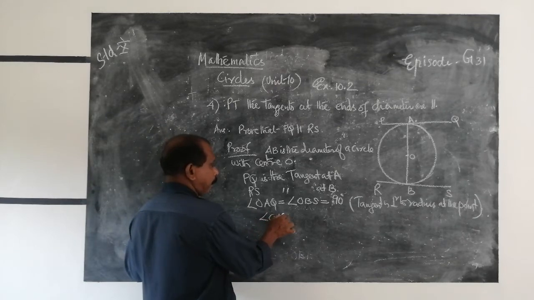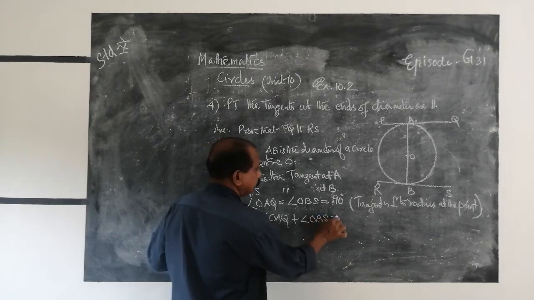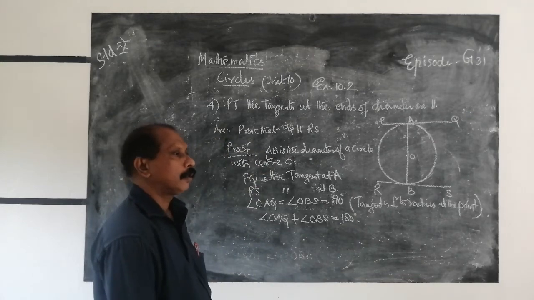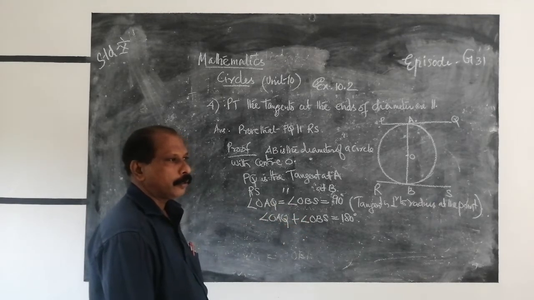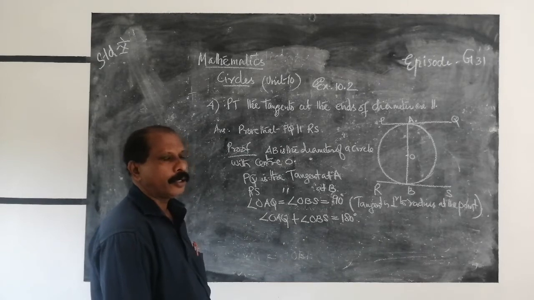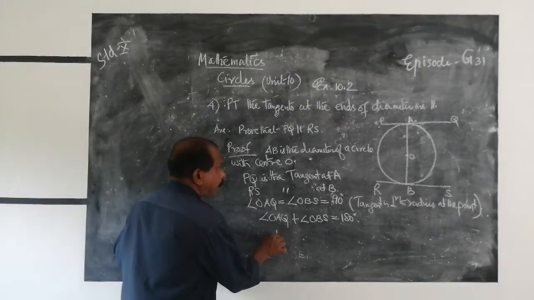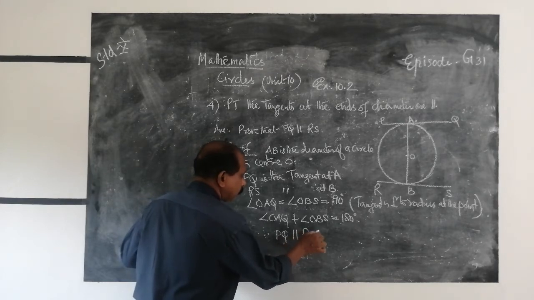Angle OAQ plus angle OBS is equal to 180 degrees. The sum of the angles between the lines is 180 degrees, so they are parallel. Therefore, PQ is parallel to RS. What's the reason?